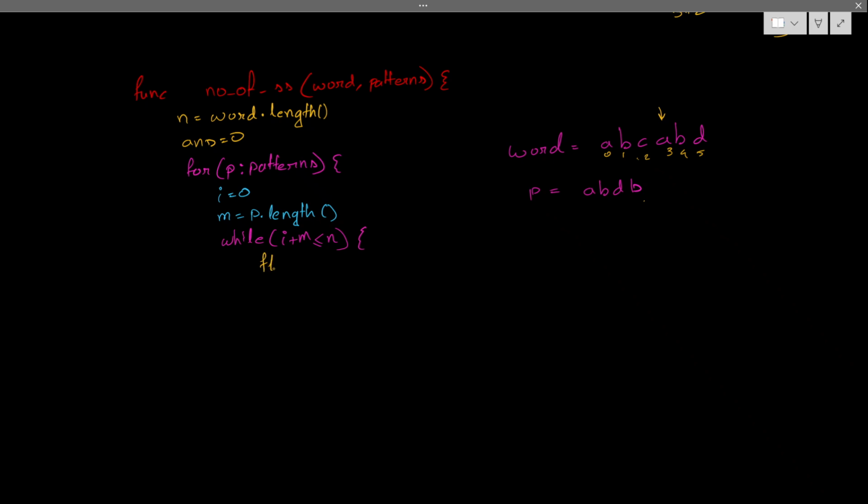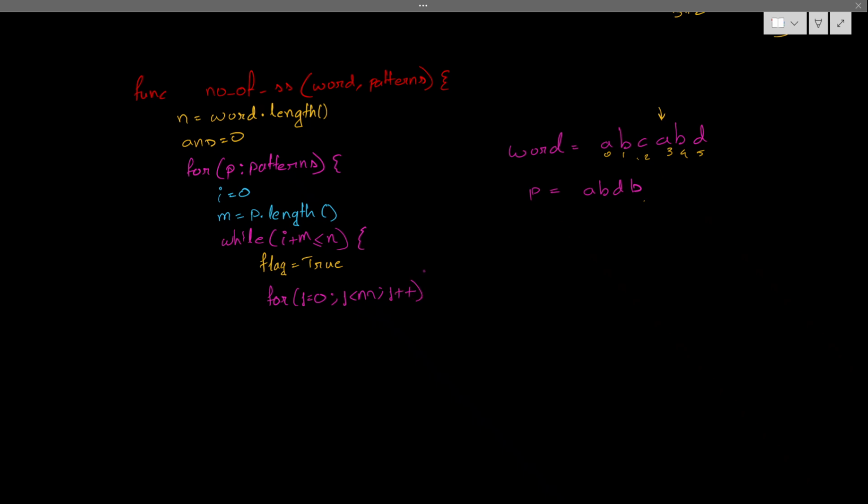Here let's assign a value, flag equals true. I will consider every case as true. For each index I will do another for loop, j starting with 0, j less than m, j plus plus.